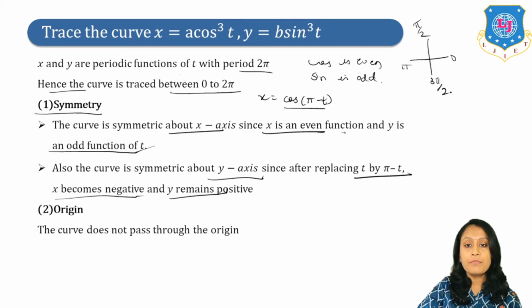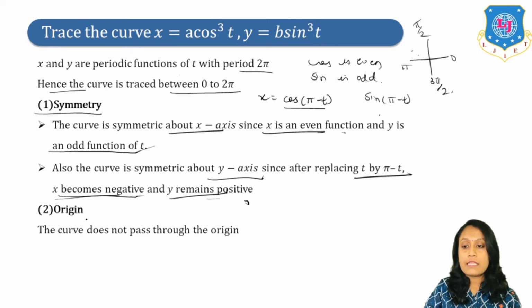So pi minus t means second quadrant, and in the second quadrant cos is negative. Here we have cos cube, so we have 3 times minus, so this x will become negative. And if you find sine of pi minus t, again in the second quadrant sine is positive, so this y will remain positive. So we can say that the curve is symmetric about the y-axis also.